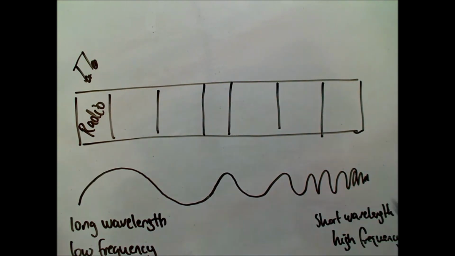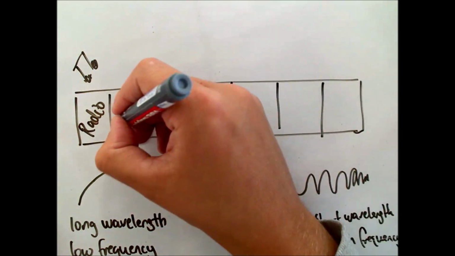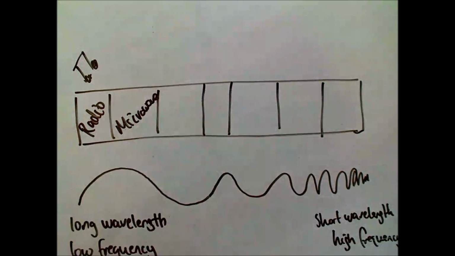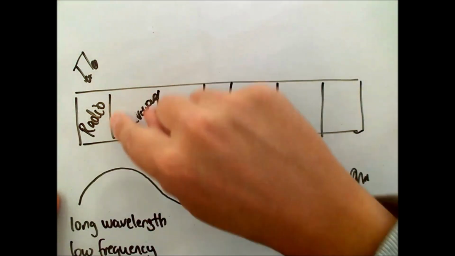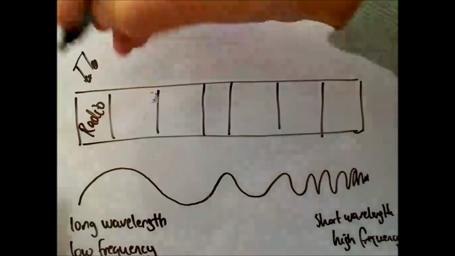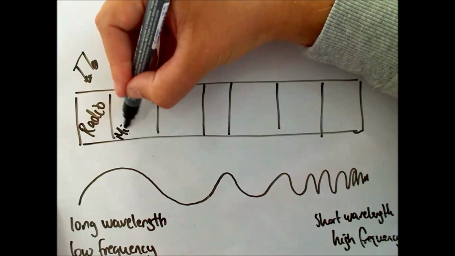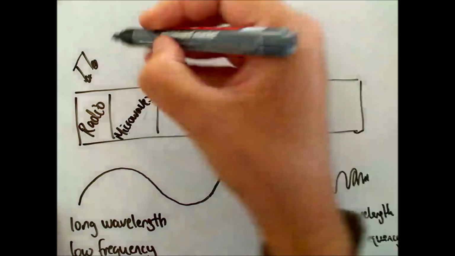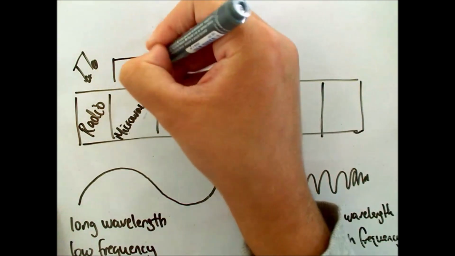Next along are microwaves, what we use to cook food with in a microwave oven.